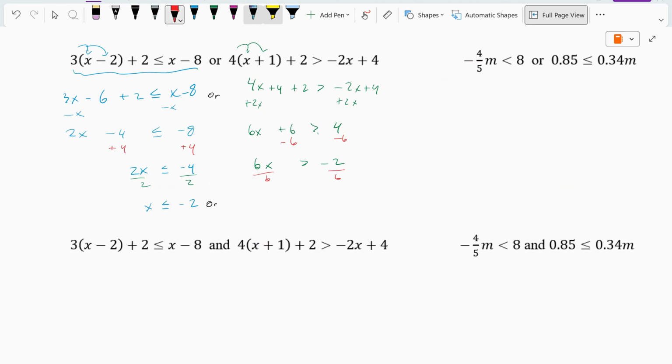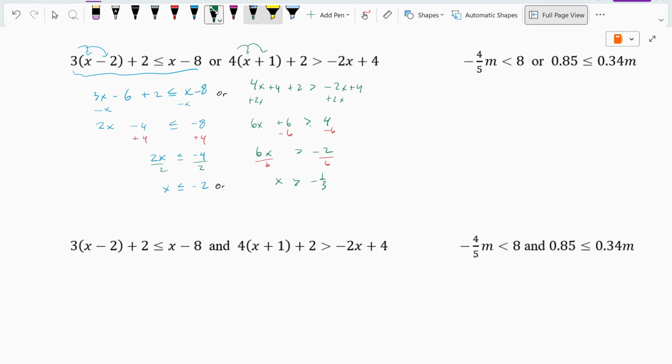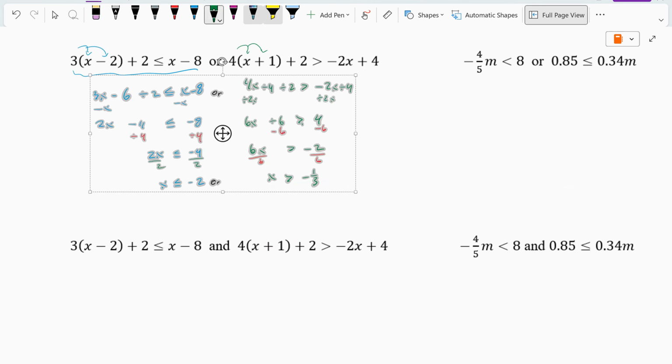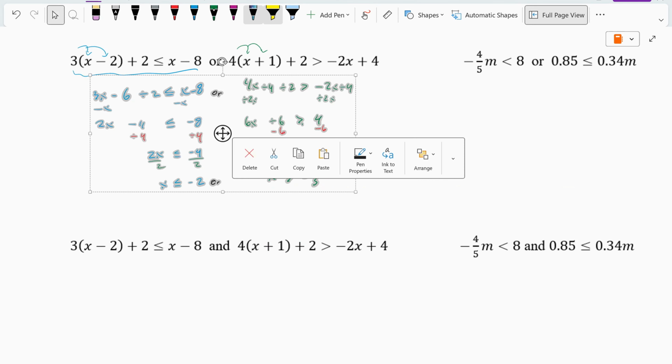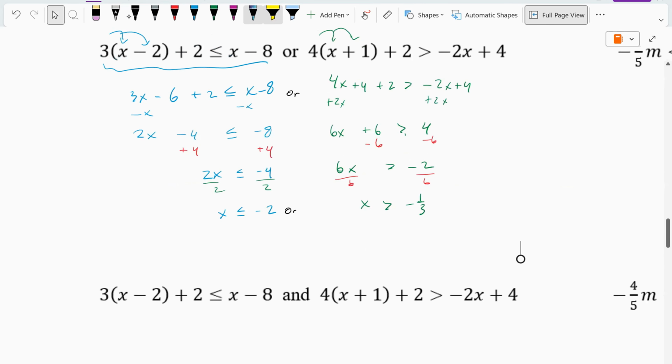Divide by 6 to get x is greater than -1/3. Did I make any mistakes? Okay. Personally, when I do a test, I do make a lot of mistakes, so I double check every step as I go. But since I have 35 eyes checking me, I'm going to assume that you guys will find it. All right.